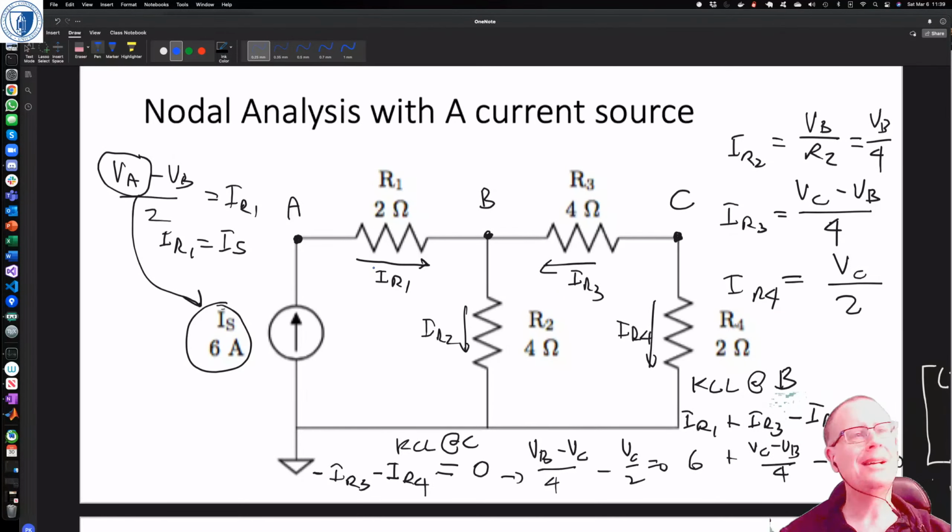Both nodal analysis and mesh analysis are pretty similar. Mesh analysis is just using Kirchhoff's voltage law. Nodal analysis is using Kirchhoff's current law. They're an algorithm, a sequence of steps that lets you solve more complex circuits than you might be able to otherwise.